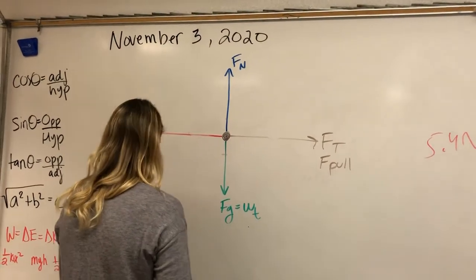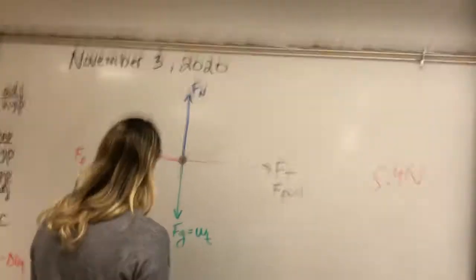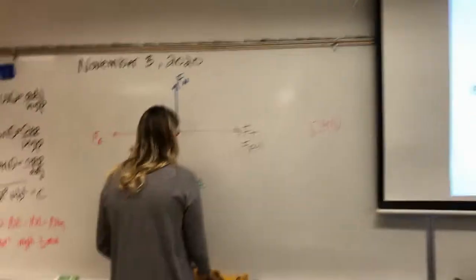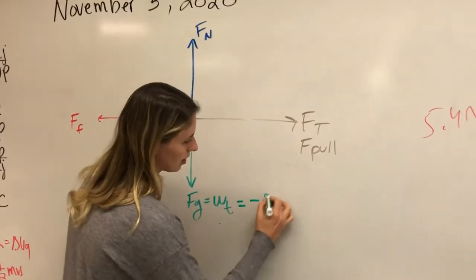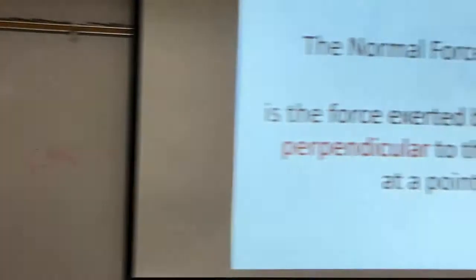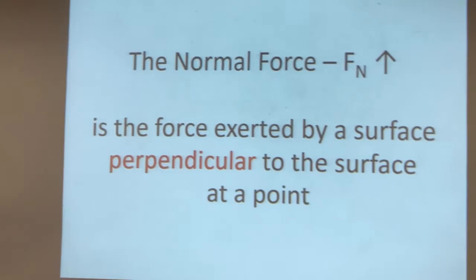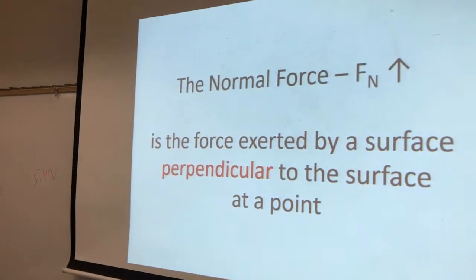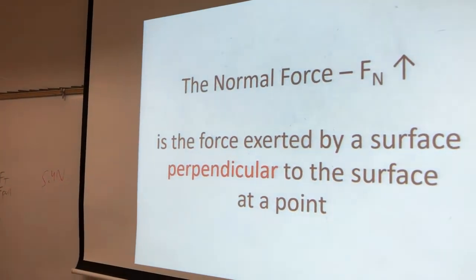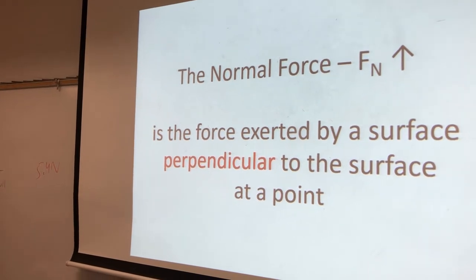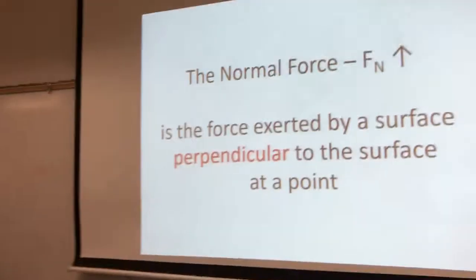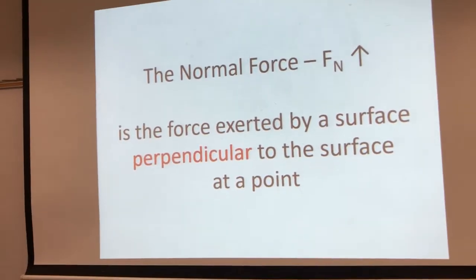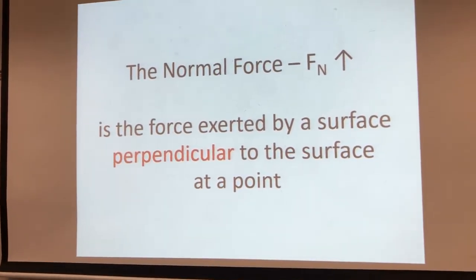Okay. What was our weight? 5.4 newtons. So that's right here, and we know that's negative 5.4 newtons because it's down. And then what is our normal force going to be? It's going to be equal magnitude but opposite direction. Normal force is a force exerted by a surface perpendicular to the surface at that point.